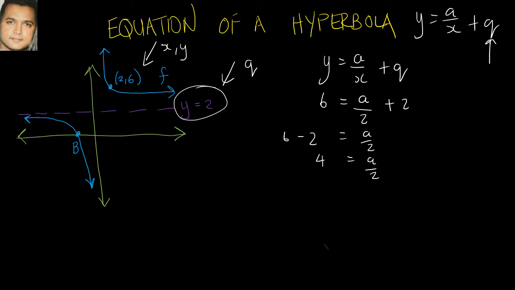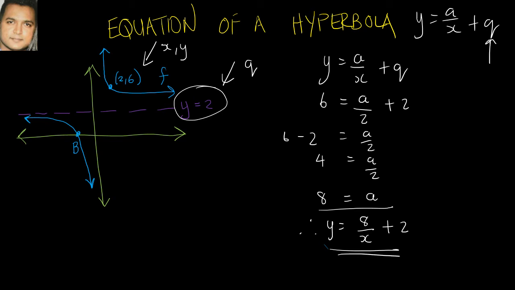Multiply both sides by 2, I will have 8 is equal to a. So now that I've worked out the a value, all I need to do is write the equation of the line. So therefore I substitute y is equal to 8 over x, and I put my asymptote, which is plus 2. So this is my equation of my line.